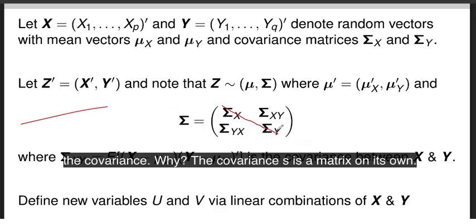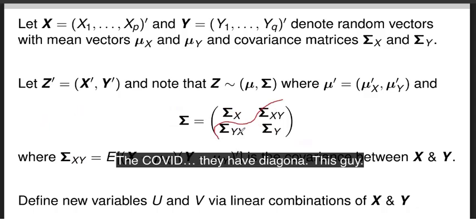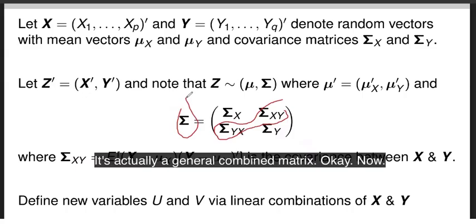The covariance of x is a matrix on its own. The covariance of y is also a matrix on its own. The off diagonal is also a matrix on its own. So what I have here is a general combined matrix.